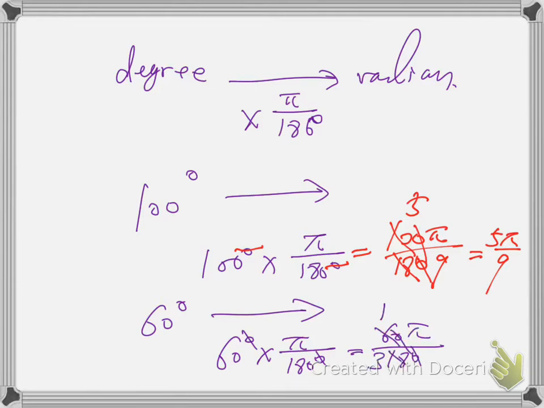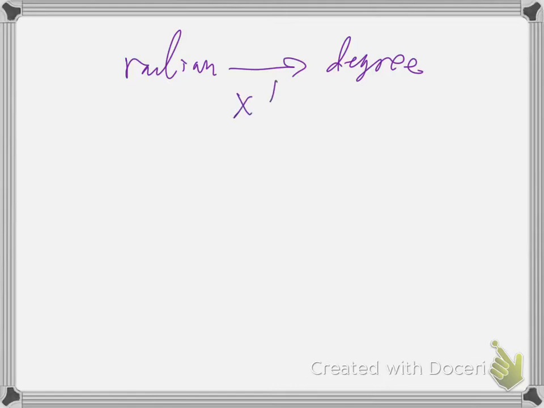So 1 over 3. So this is pi over 3. So for degree to radian, we use pi over 180. Now for radian to degree, we use 180 over pi.